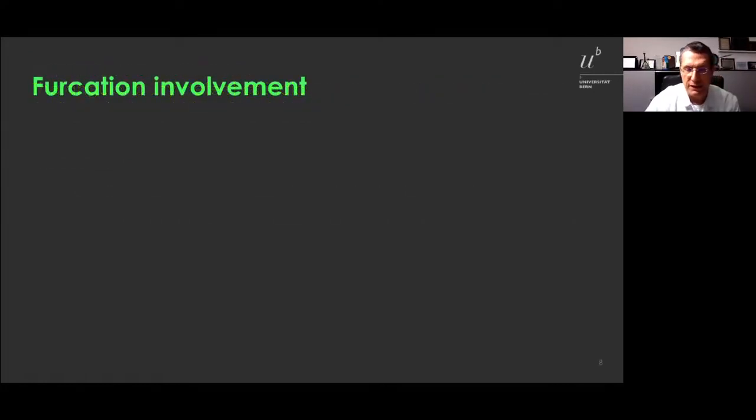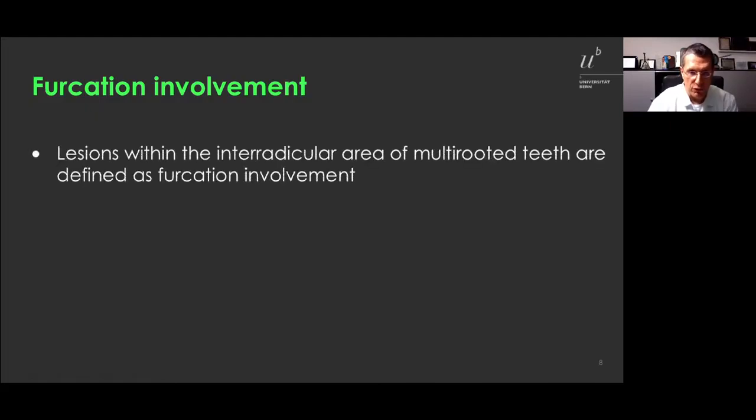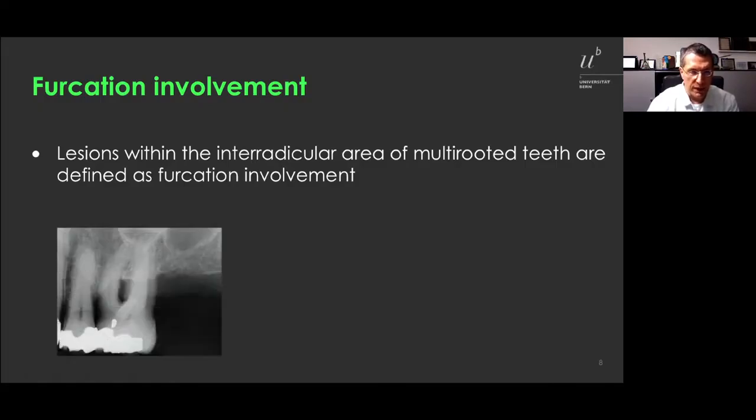The second defect type that is very complex and not always easy to treat is the furcation involvement. And what does it mean? It is a defect in the interradicular area of multi-rooted teeth. And we all know these kinds of defects.